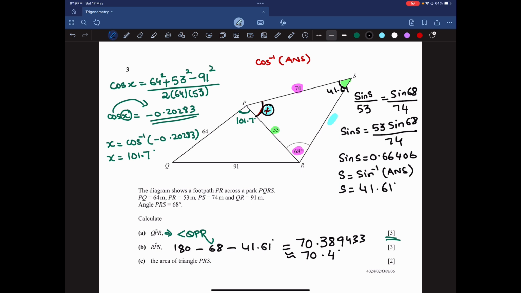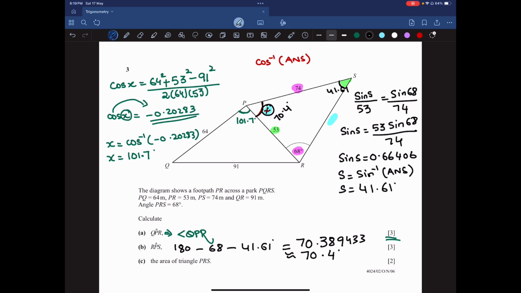You round off only your final answer. You cannot round off the workings, as that is going to give an incorrect answer and you will lose marks for accuracy. So this is 70.4 degrees.